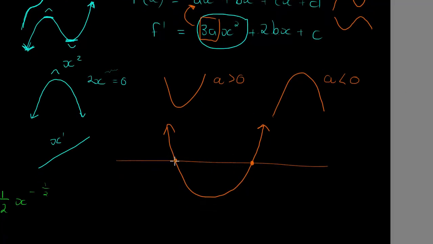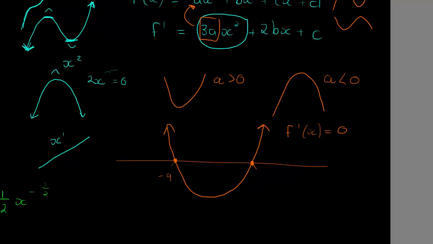But then the question is, where does this cut the x-axis? Where does my derivative equal 0? Because remember, when I cut the x-axis is where my y value is 0. In this case, it's not a y value, but my actual derivative value. And we already worked that out in question 1.